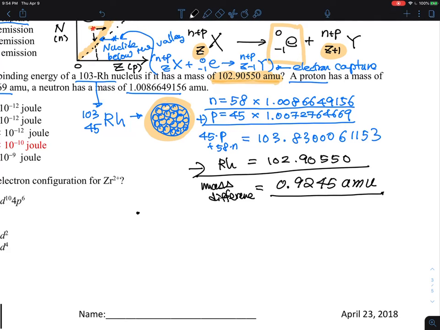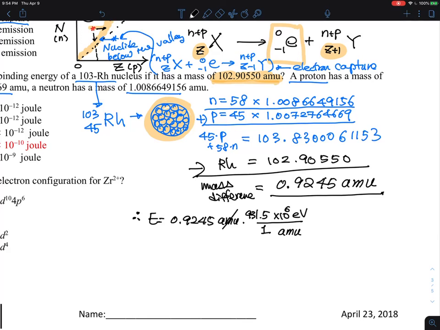Therefore, the energy is 0.9245 amu, and you remember unit conversion. Mega means 10 to the 6 electron volts, so 931.5 mega electron volts is 1 amu.